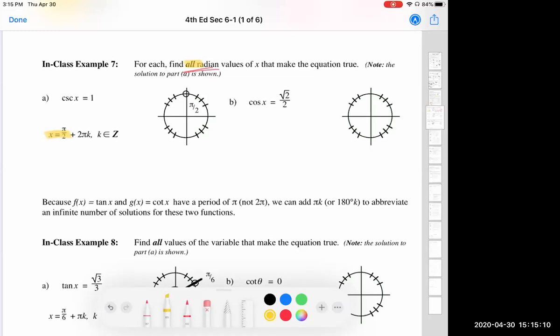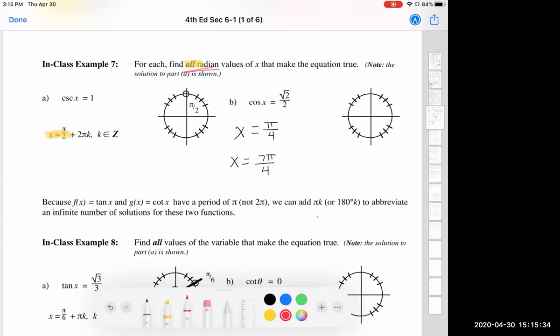All right, let's do cosine equals square root of 2 over 2. Cosine is square root of 2 over 2 at pi over 4. It's also square root of 2 over 2 at 7 pi over 4.